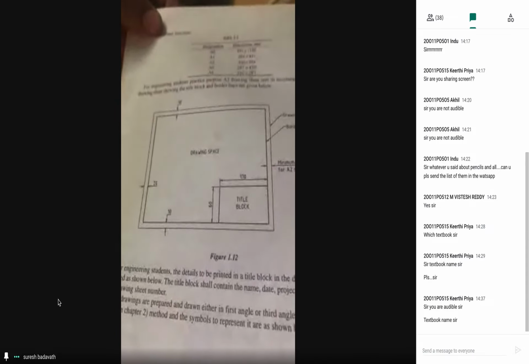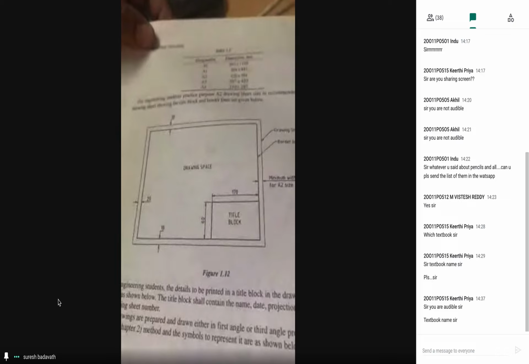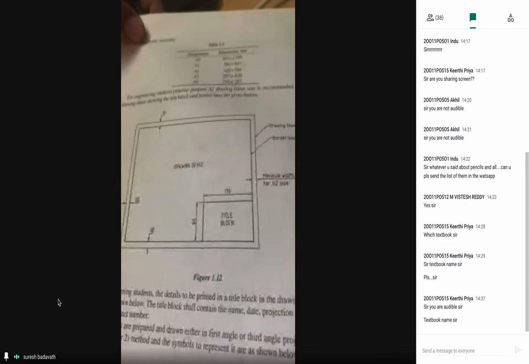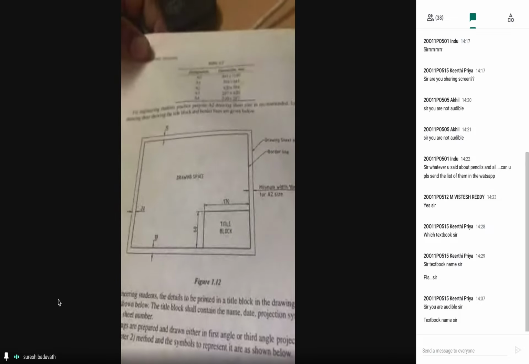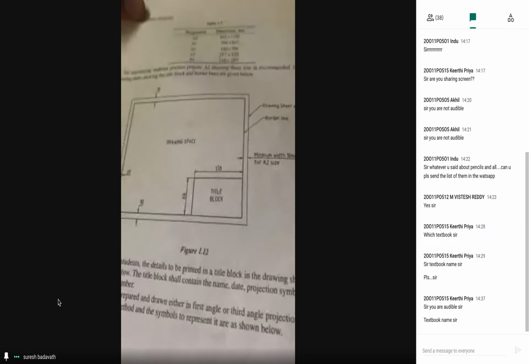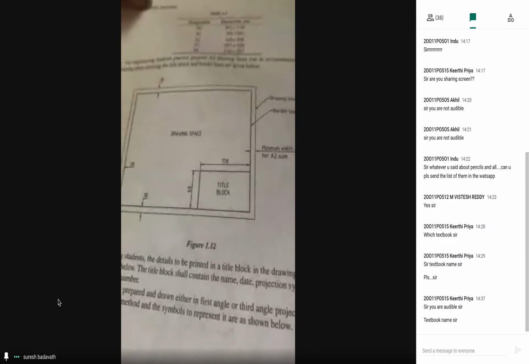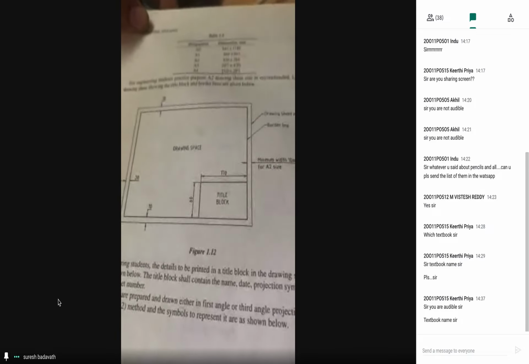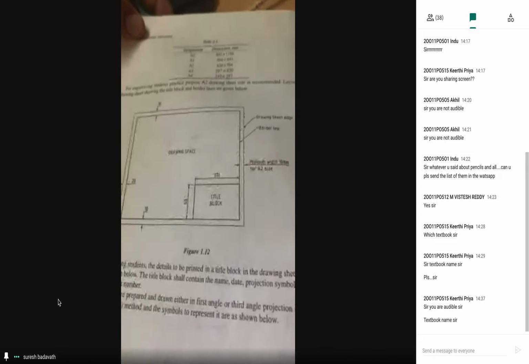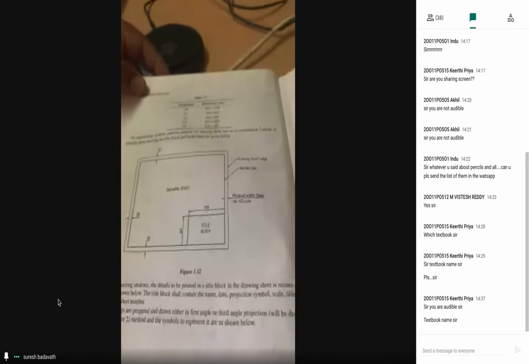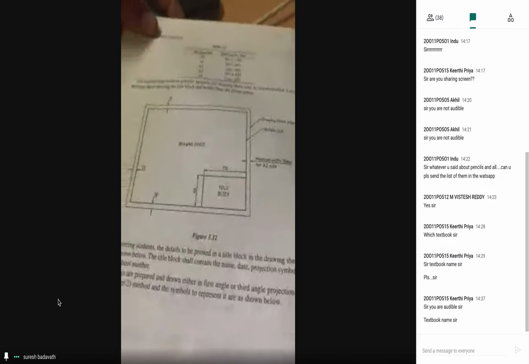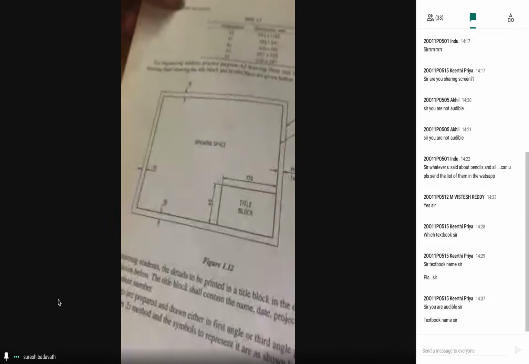The title box can be used there. On the right side of the title box, 60 by 170, draw the name, date, and symbol, and prepare the scale, title, and drawing sheet number. Okay, see, the first one is the drawing sheet number.